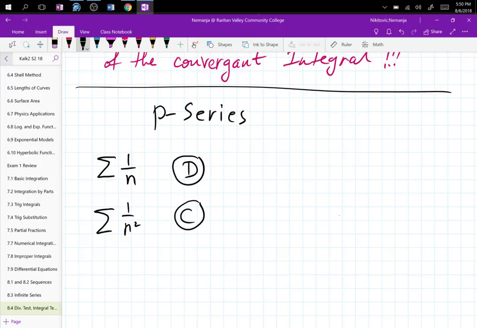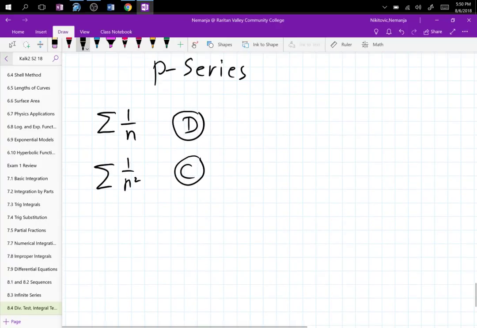I used the integral test, I did all the proofs and calculations, therefore we know that this is true. Now, P-series says the following thing.